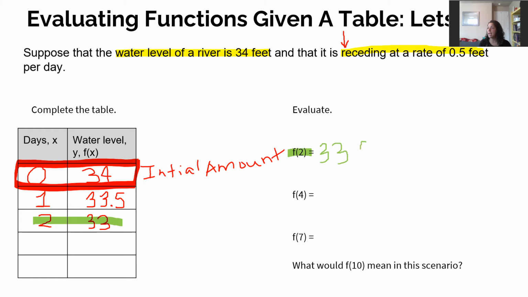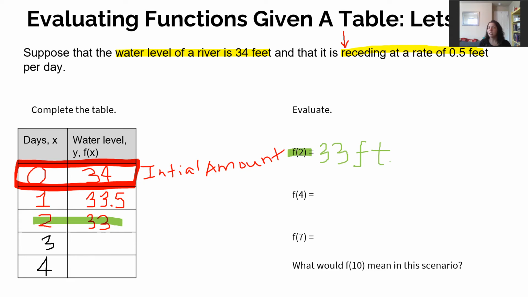And now because I have a real world scenario, I have to be specific and write on there 33 feet. Now, the next thing that it's asking me to find is f of 4.